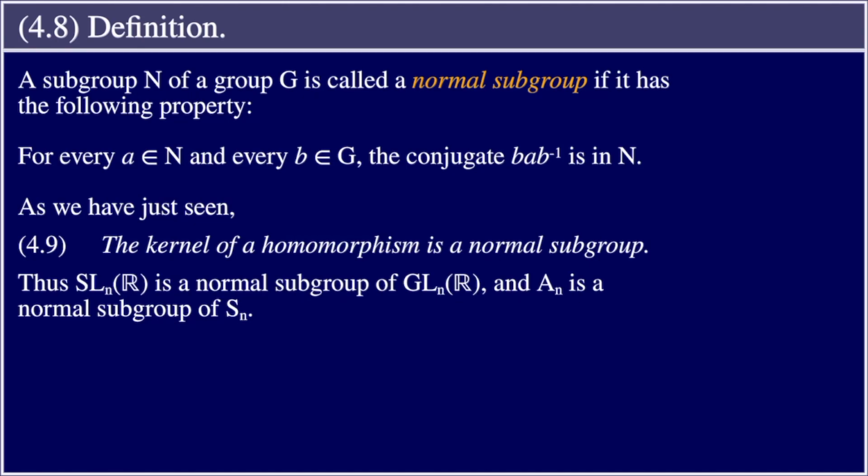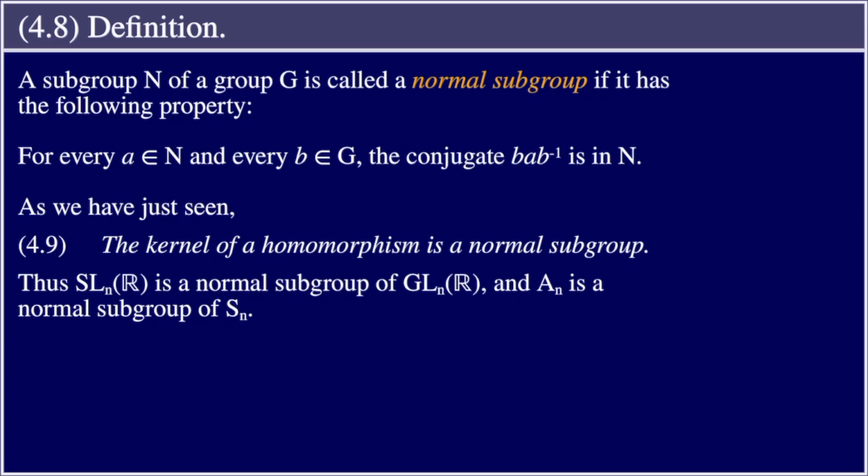4.8. Definition. A subgroup N of a group G is called a normal subgroup if it has the following property. For every a in N and every b in G, the conjugate bab^-1 is in N. As we have just seen, 4.9, the kernel of a homomorphism is a normal subgroup.